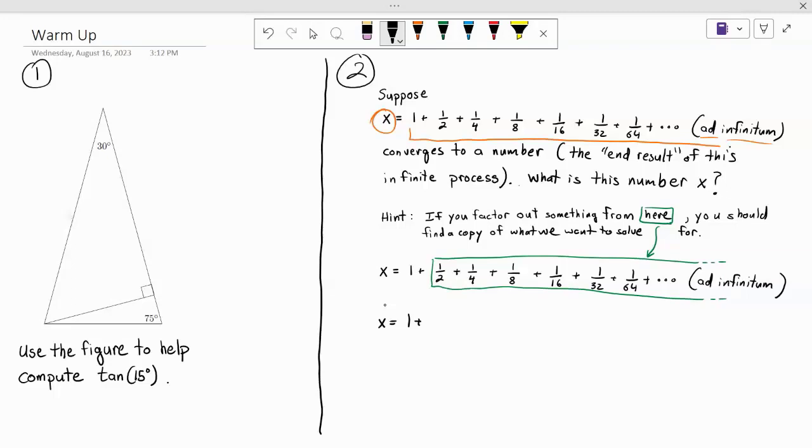If you imagine the pattern, maybe I should mention, what is the pattern in the denominators here? That's another thing you'll be expected to do, find patterns in sequences of numbers. Yes, those are all powers of 2, right?